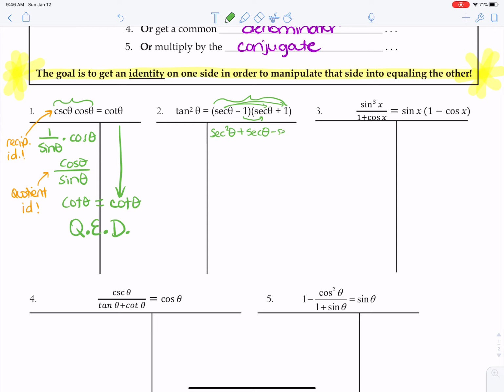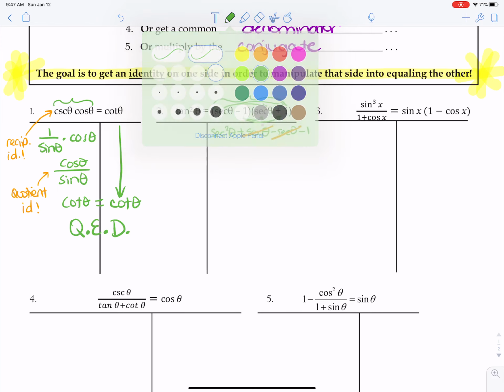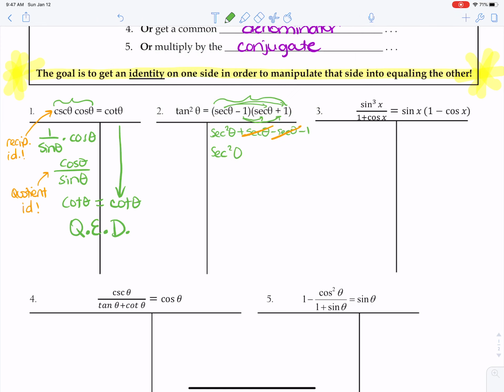I'm going to do the regular old FOIL method. And -1 times 1 is -1. What ends up happening right here is these two cancel out. So secant squared theta minus 1 is what we end up with.